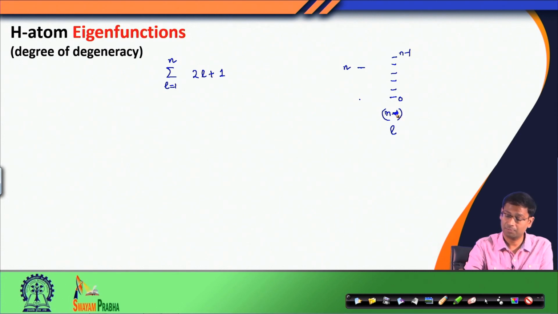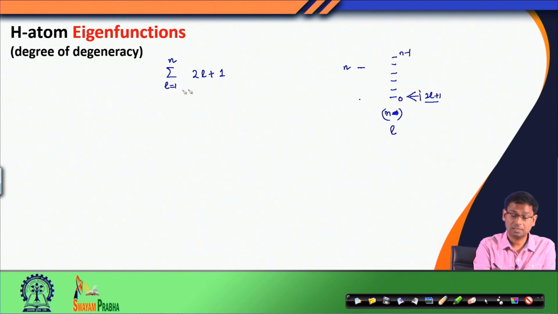So, therefore, the total number of L values are n. So, my sum is now L goes from 1 to n, and for each value of L I have 2L plus 1 number of m values. So, the total number of eigenfunctions for a given value of n can be obtained from this expression.